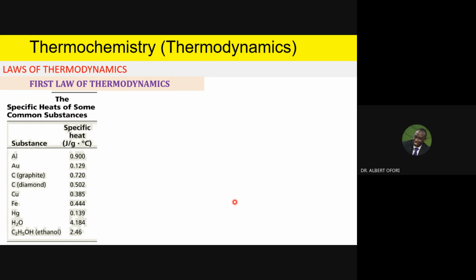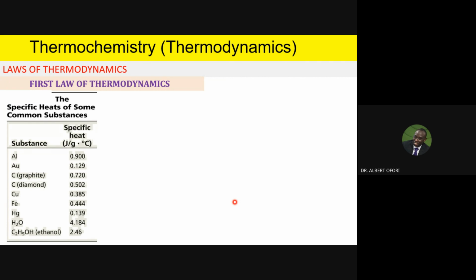Now, heat capacity or specific heat capacity, these are constants. You don't need to memorize that. We have done experimental literature values for almost all the common substances that we have. Unless it's not common, we can still measure. If it is not common, we can measure the specific heat capacity, with a unit of joules per gram per degree Celsius.